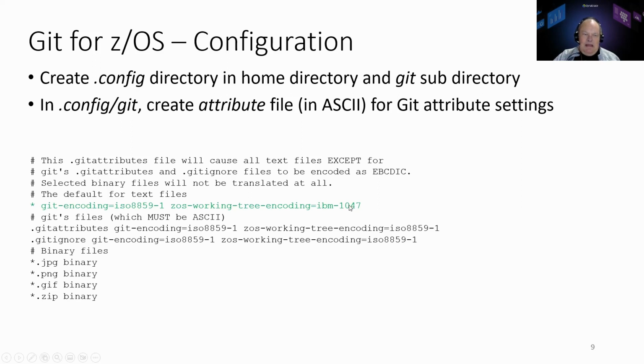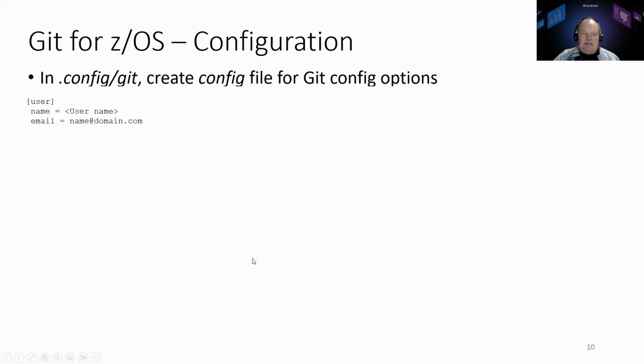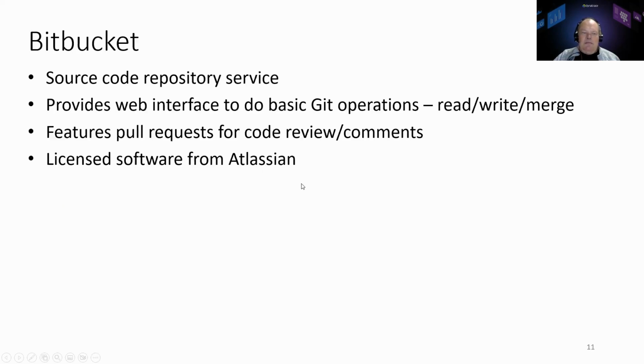The other big thing is that the .gitignore and .gitattributes files all have to always be in 8859. Git expects those to be in ASCII type formats. The last one's just your config. This is your username, your domain name, things like that.